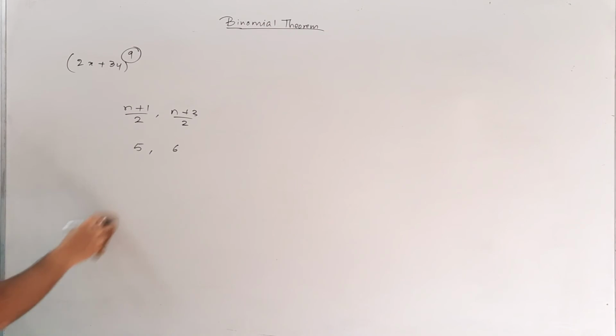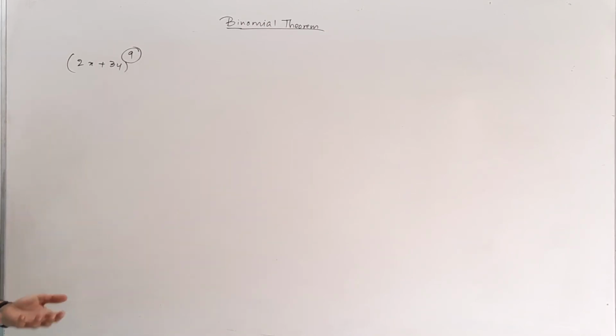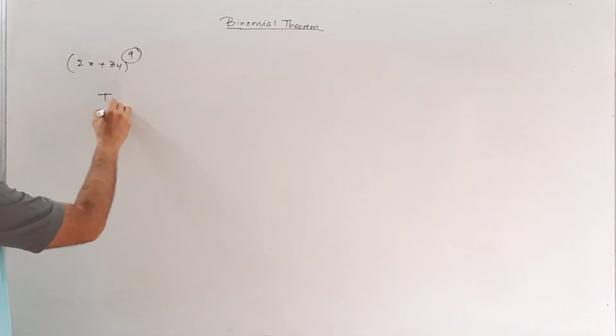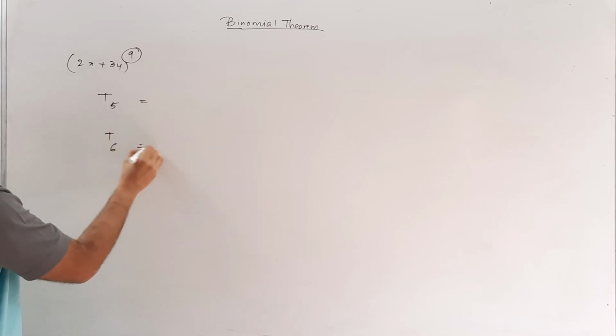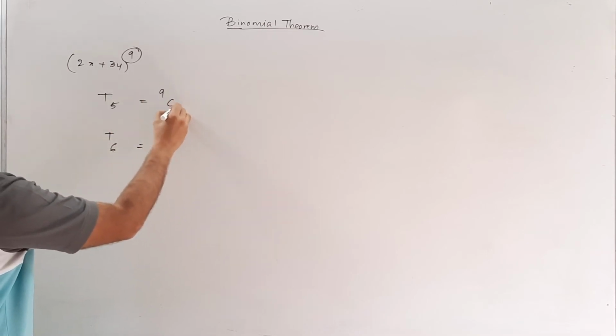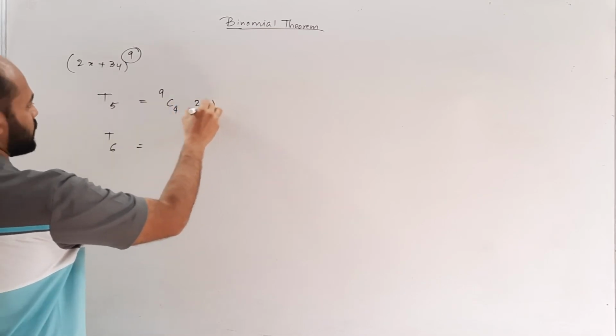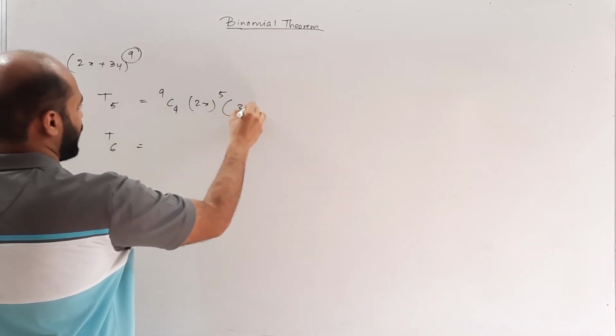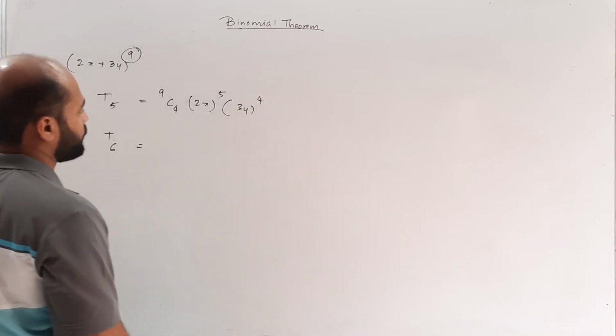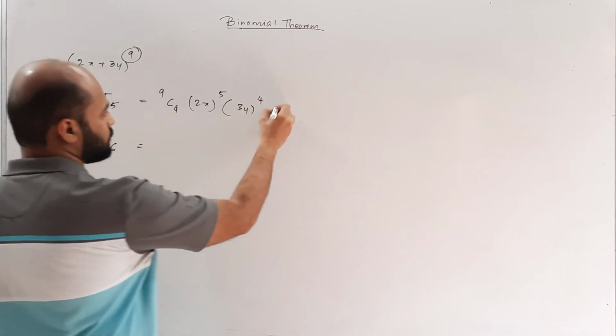Now let us actually find the terms, and to find the terms we are going to use the general term formula. So it is just the extension of the concept of general term. So T5 and T6 is what we want, and that is going to be 9C4 (2x) raised to 5 (3y) raised to 4. This is the middle term over here.